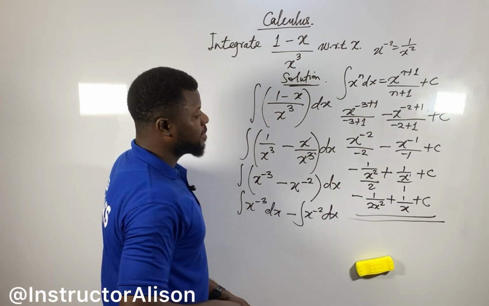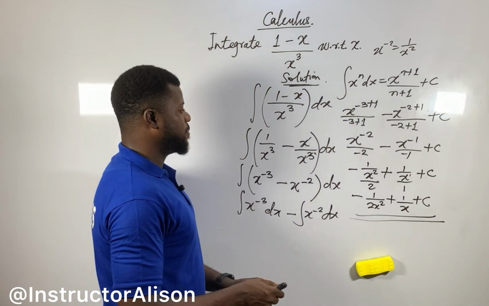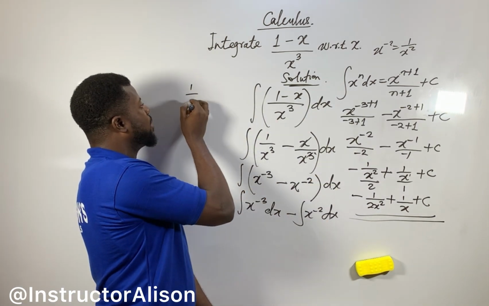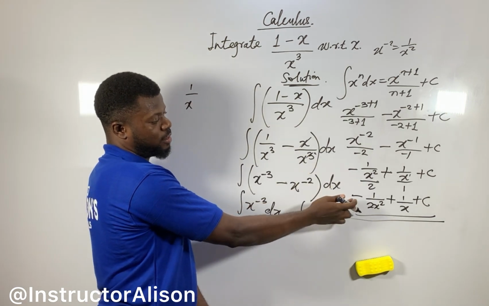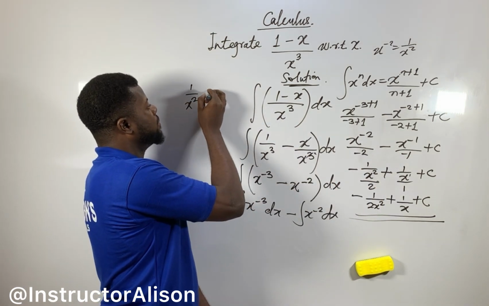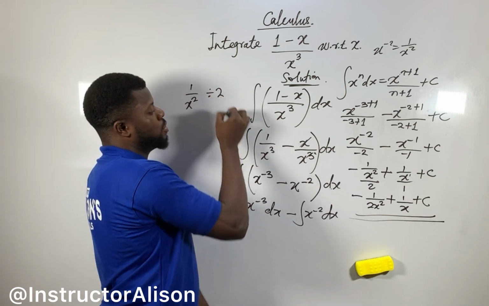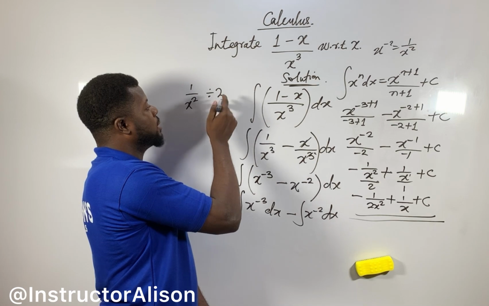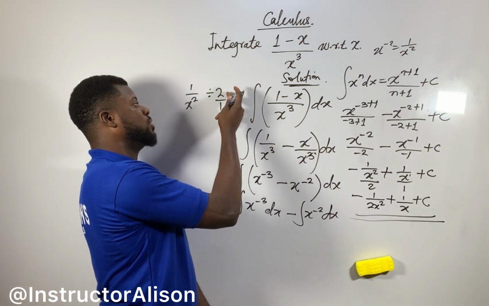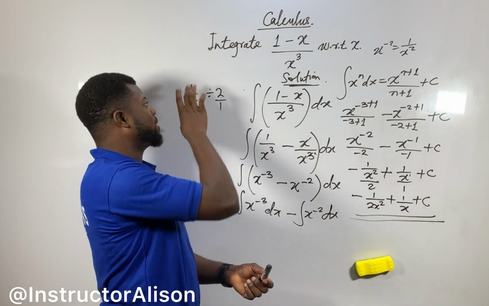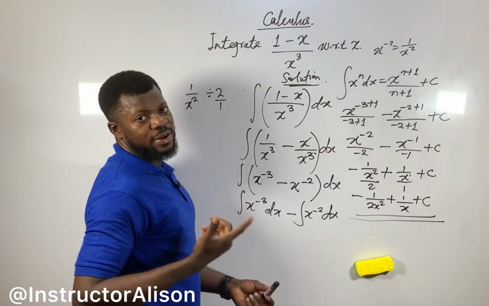Let me use this space. For fractions, when you have a fraction, I'll use this thing right there. 1 over x, leave the minus sign because the minus sign is still there where it is. Just 1 over this one: 1 over x squared divided by 2. If you write it like this, this 2 has nothing under it. If you put it over 1, 2 divided by 1 is still 2. But as this one is a fraction, make this one look like a fraction too.